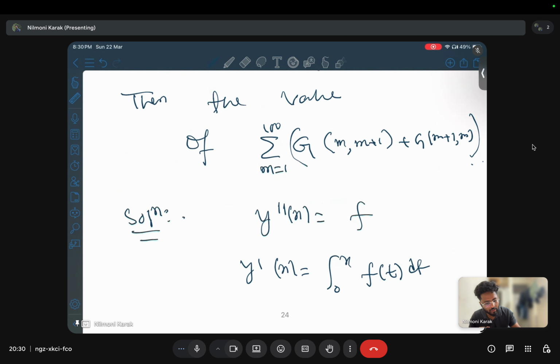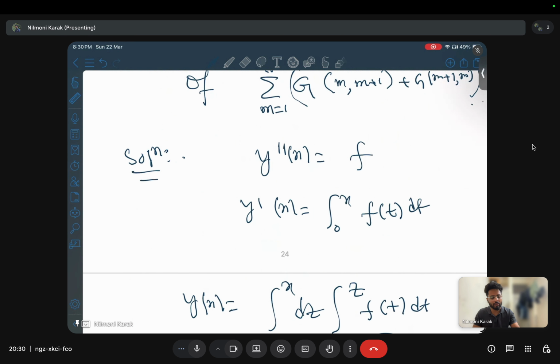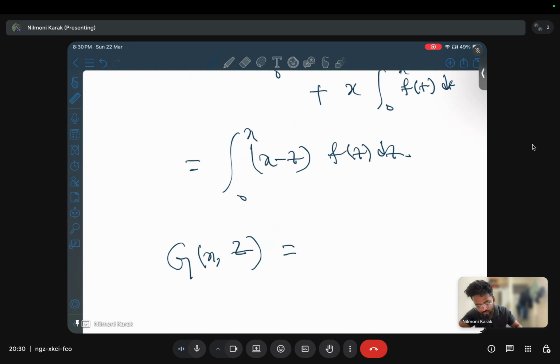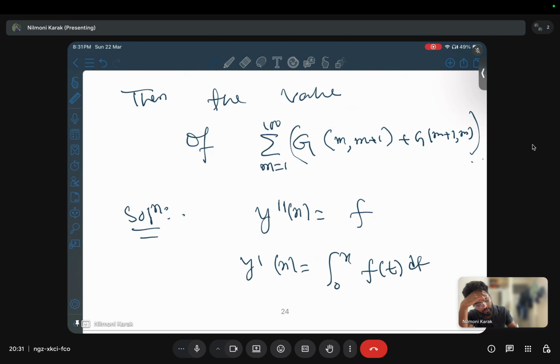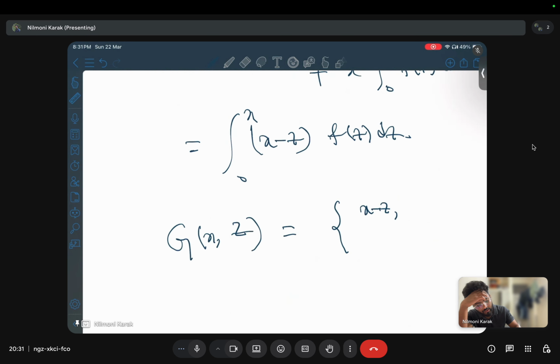So g(x, z) is basically x minus z for z less than x, and 0 for z greater than x.